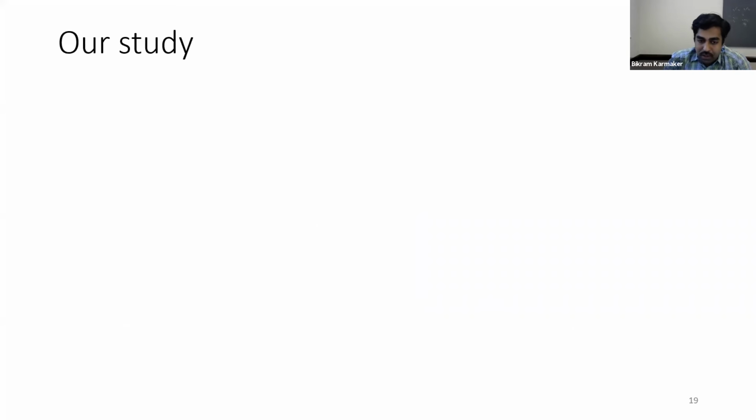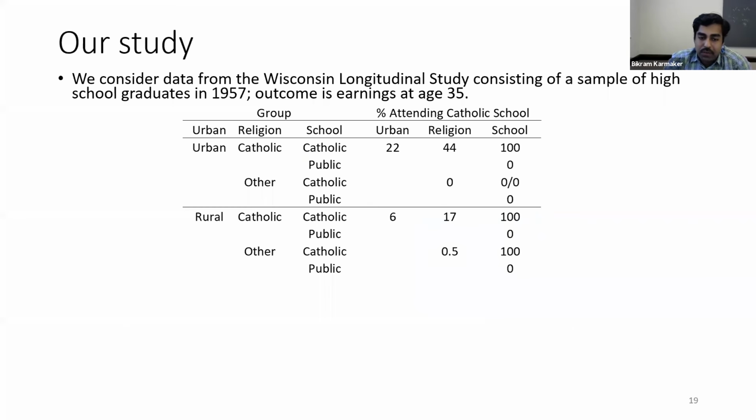So in our study, we took data from the Wisconsin Longitudinal Study, WLS, which consisted of about 4,500 students who were high school graduates in 1957. And we looked at their earning at the age of 35.